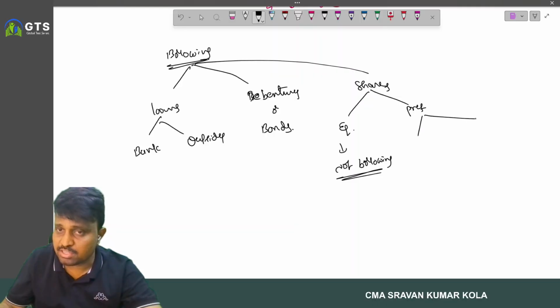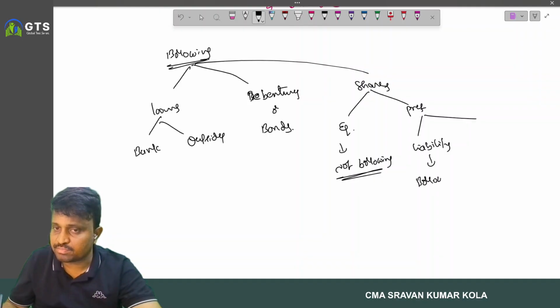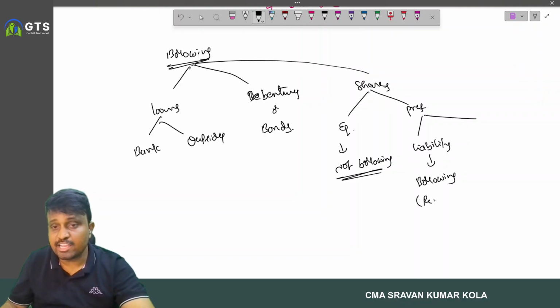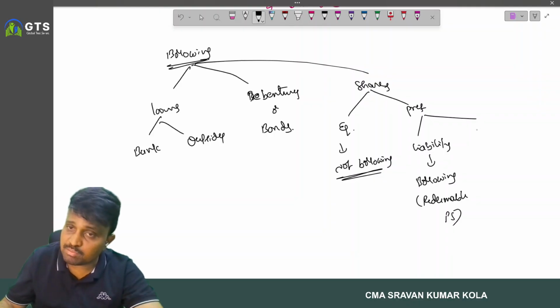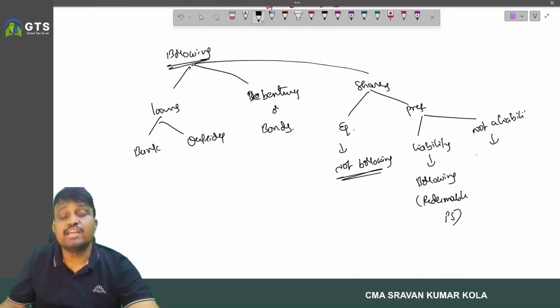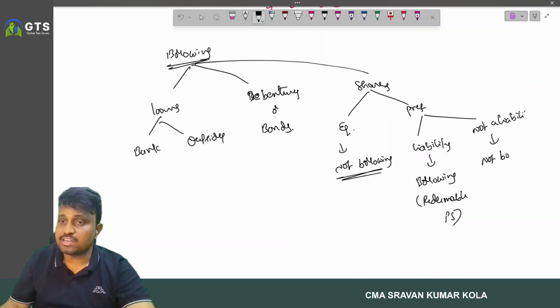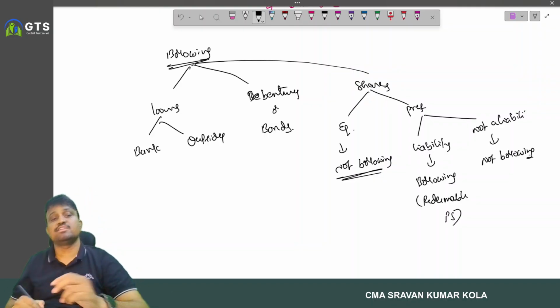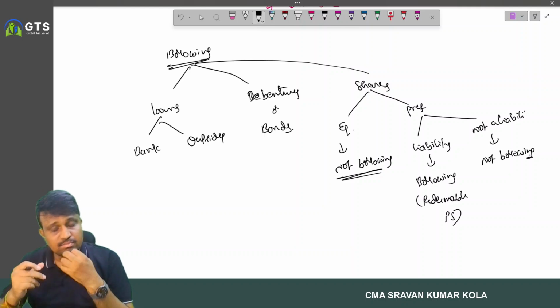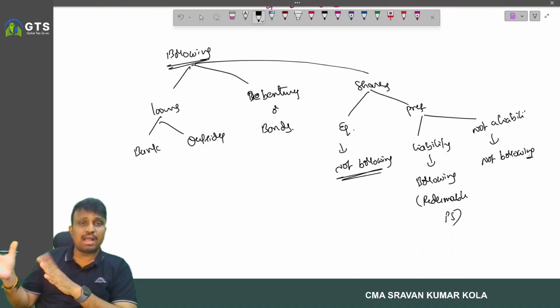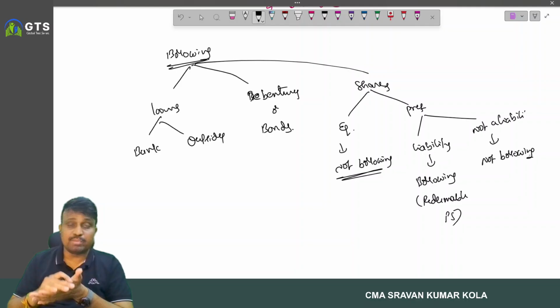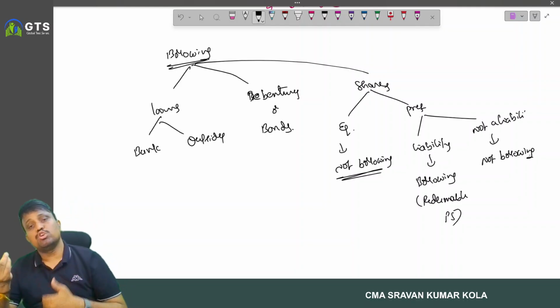But preference shares that are in the form of a liability are treated as a borrowing, like redeemable preference shares. Those not in the form of a liability, like irredeemable preference shares or convertible preference shares, are not treated as a borrowing. If the amount is raised through a loan from a bank or from an outsider, or by issue of debentures or bonds, or by issue of shares also.